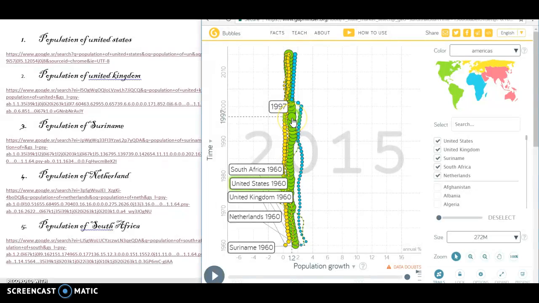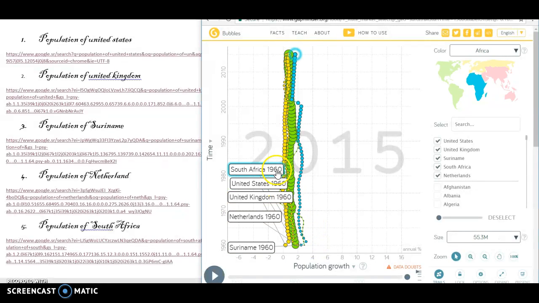So in first place we have the United States, then the United Kingdom, then South Africa, the Netherlands, and Suriname is 5th. See here the growth, and it grew.